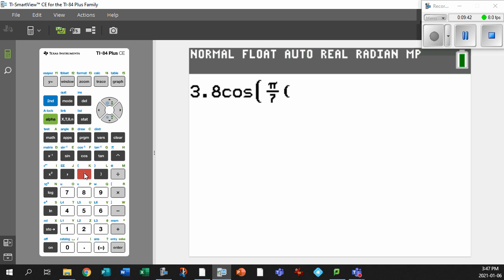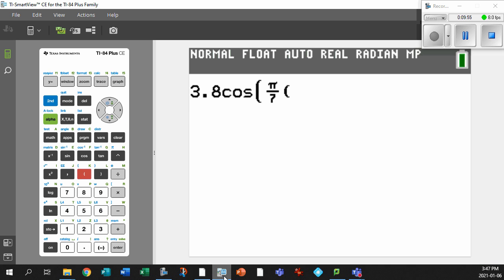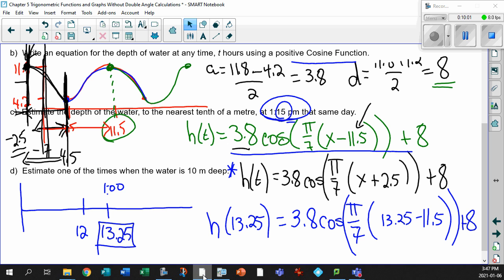Boom. I'm going to use my value of x time. Now, what was the time that we wanted? 13.25. Okay, 13.25 minus, what did it say minus? It's going to be minus 11.5.